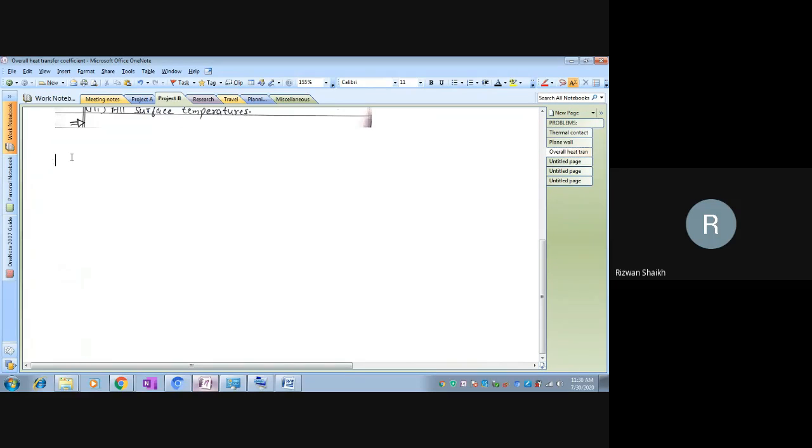So which are the three layers? After reading the problem and taking all the given data, I come to know that there are three layers. I will draw the three layers for you.